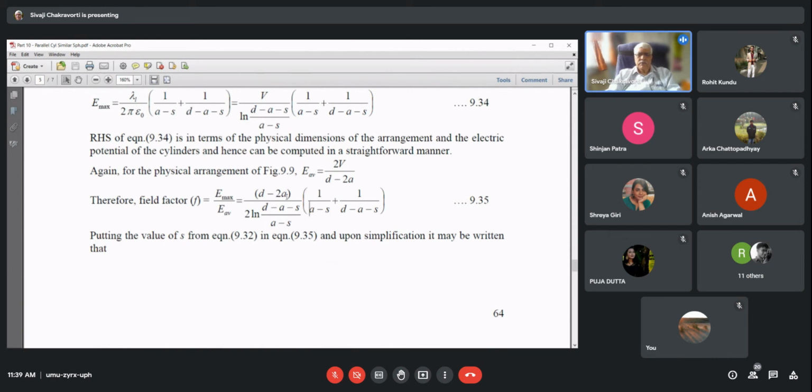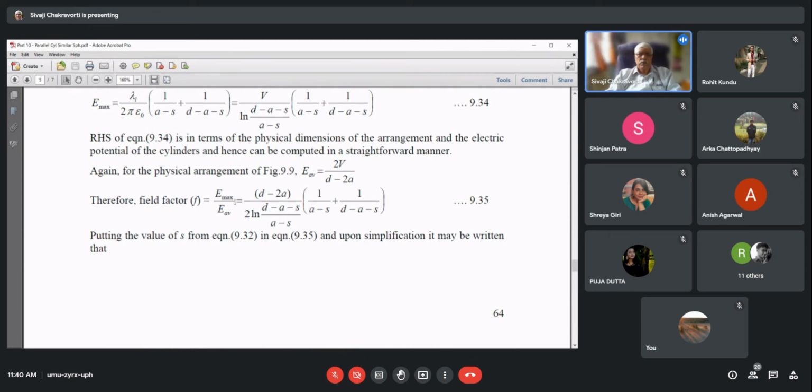And this is very important for us because any expression, please remember, we always try to make it in terms of measurable quantities. And in this expression, D and A are the measurable quantities. The eccentricity S is not a measurable quantity. It is a computed quantity.